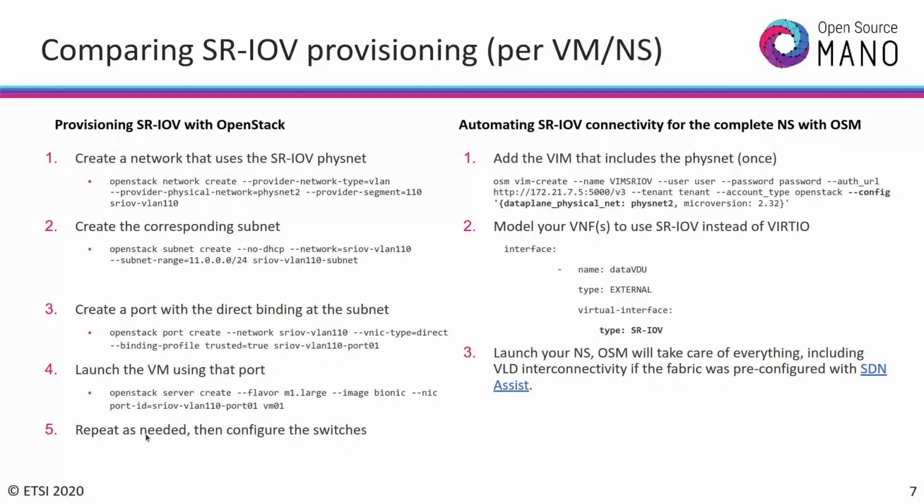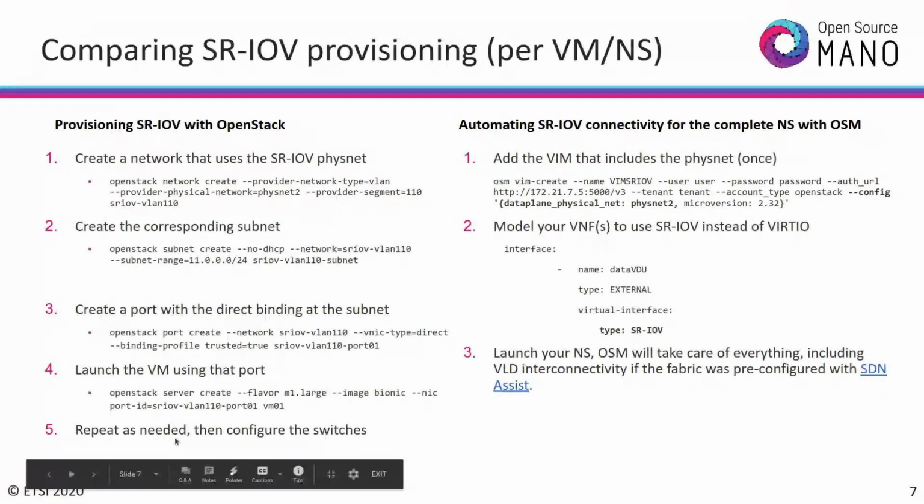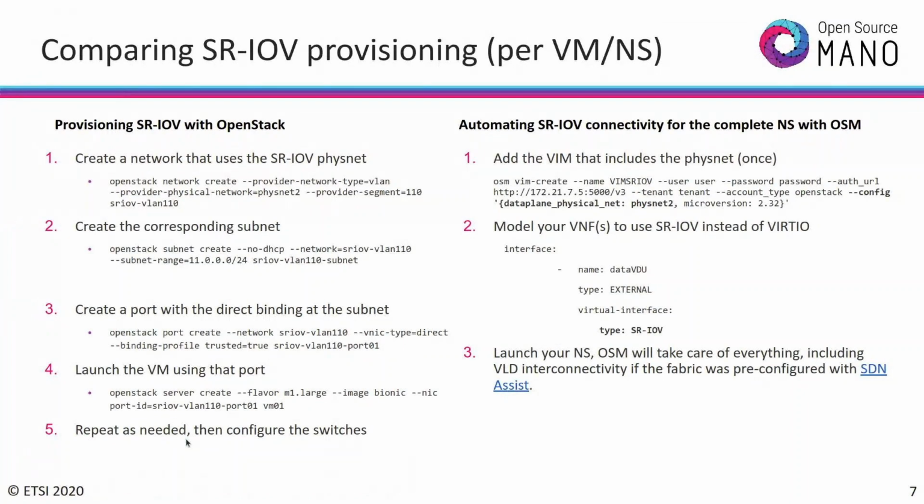You need to configure the networking in the outside part of the servers, so in the data center. And that's a very intensive, repetitive task that you would do just having OpenStack.